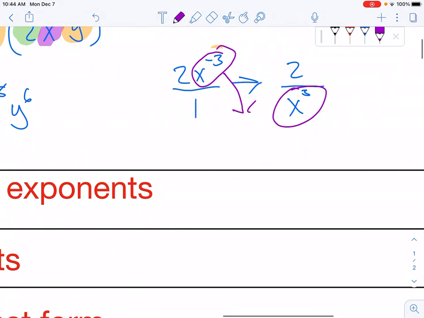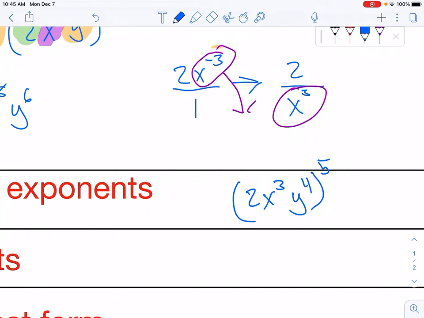And then the last thing that we learned, this was 5.3, was raising a power to a power. So that would be like if I had 2x to the third, y to the fourth, all being raised to the fifth power.